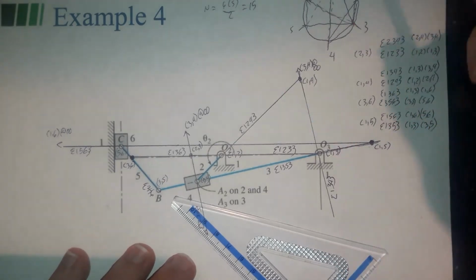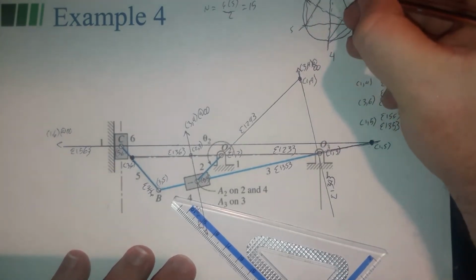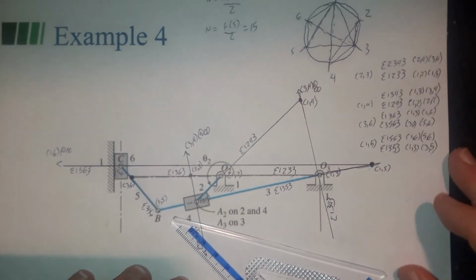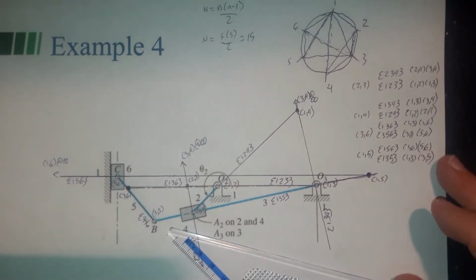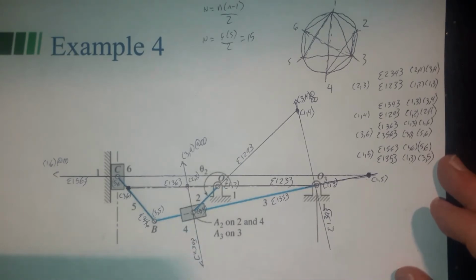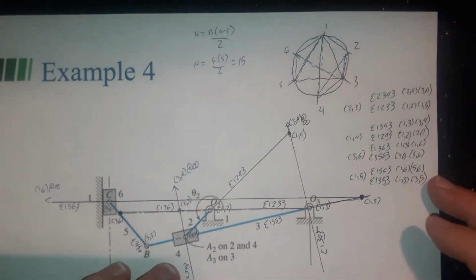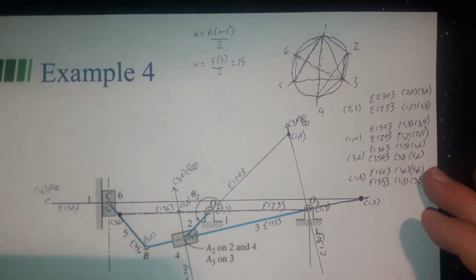All right, so now I have 11 out of the 15 of those instant centers that I'm trying to find. And now this is the time when you have to stare at this circle diagram when it becomes useful, because the question is, which of these ones that I have left can I find right now?